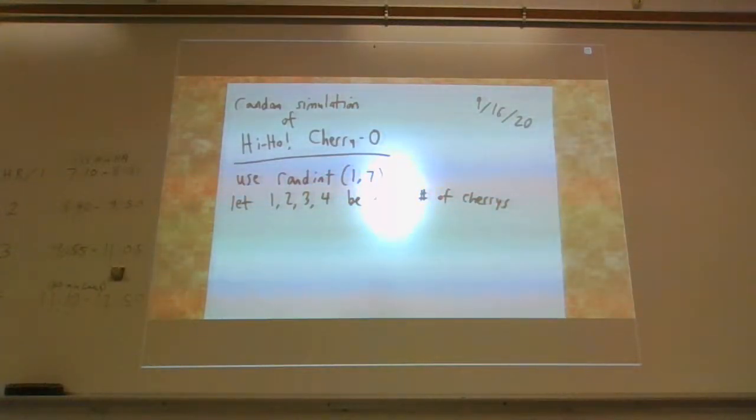So, for example, if we do random integer 1,7 and we get a 4, that means that we are going to take that many cherries off of the tree into our bucket. Same thing with 1, 2, 3. If we end up with 9 cherries in our bucket and we land on a 4, that's just 10. We can't go over 10. We're going to stick with 10 cherries in the bucket.